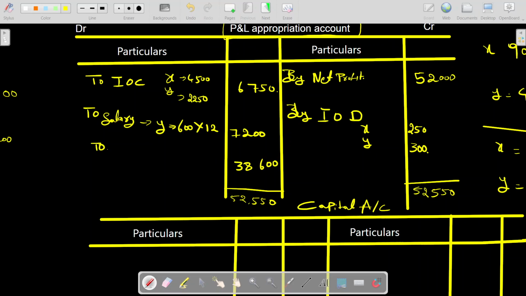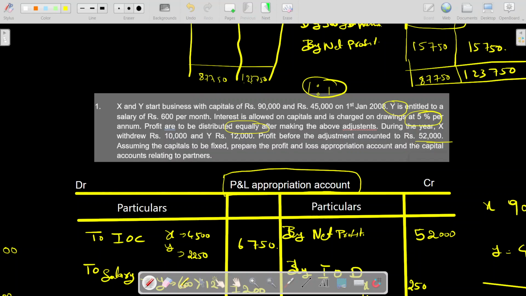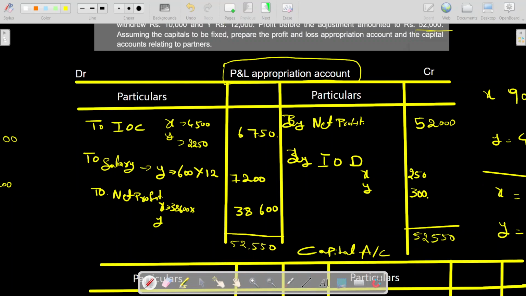So we have to divide this profit to the partners according to their profit sharing ratio, net profit to X and Y. What is their profit sharing ratio? We have already discussed here. They are distributing equally after making the above adjustments. So they have 1 is to 1 profit sharing ratio.